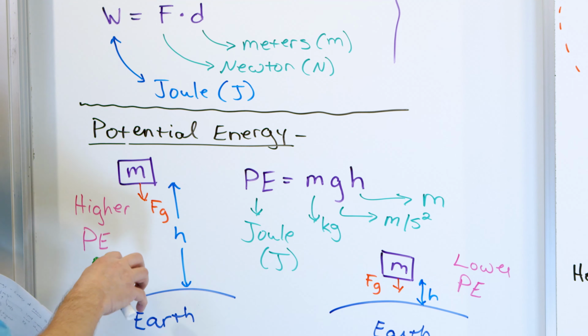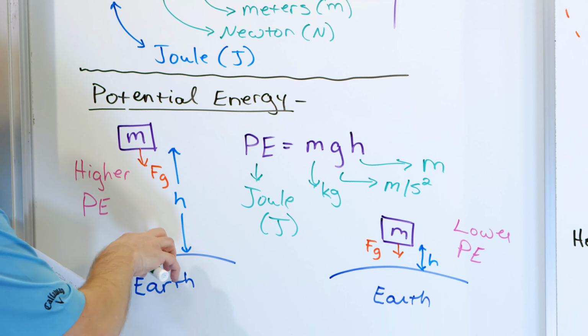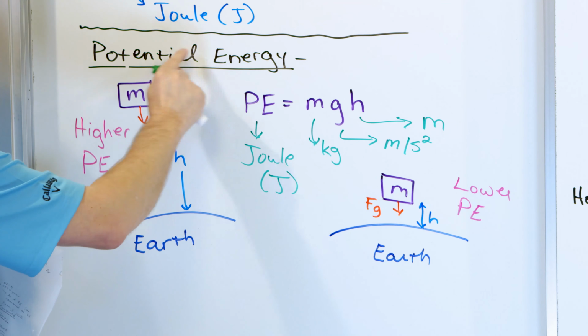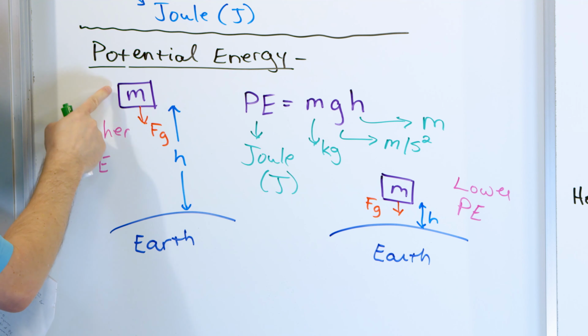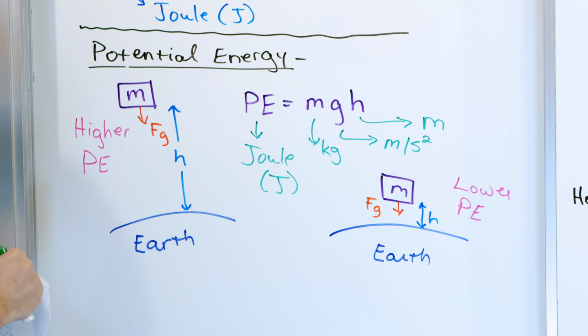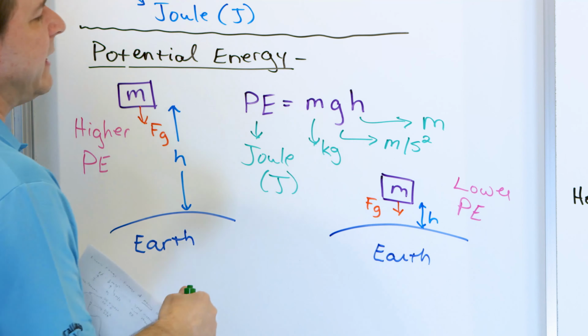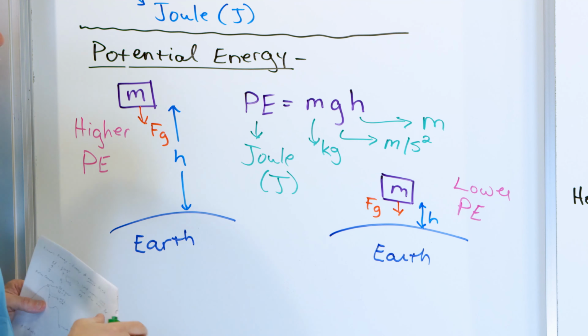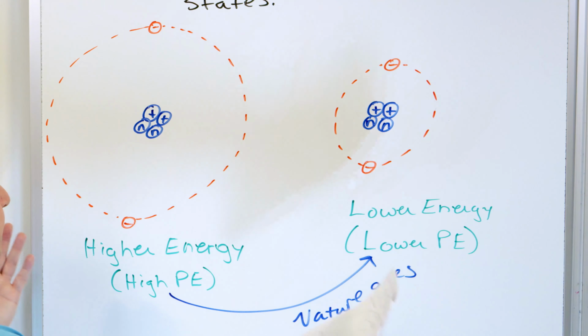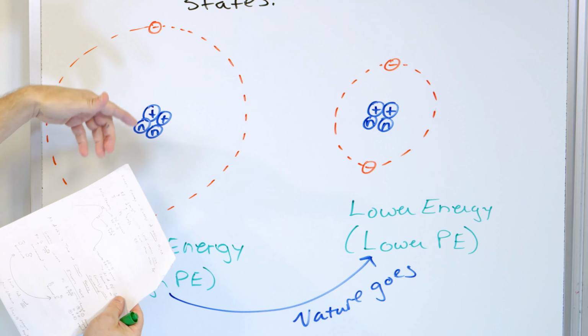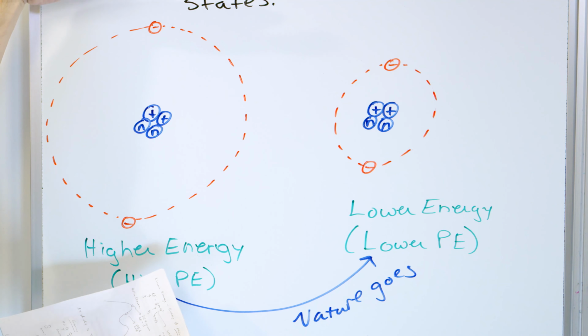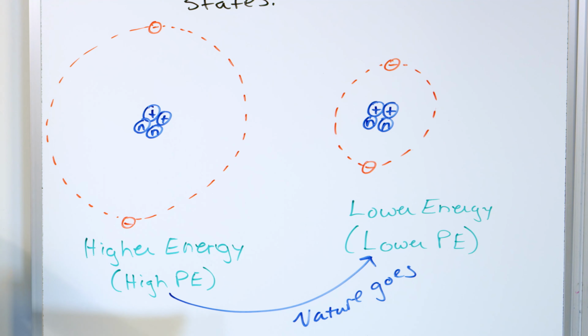Potential energy is how far away something is from the ground. It's m times g times h when it's talking about gravitational potential energy. The farther away you are from the planet, the more potential energy you have. The closer you are to the planet, the lower potential energy you have. Because of the similarities between gravity and electricity, the farther away an electron is, in a higher energy level, the higher its potential energy.